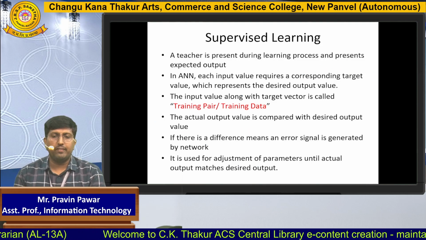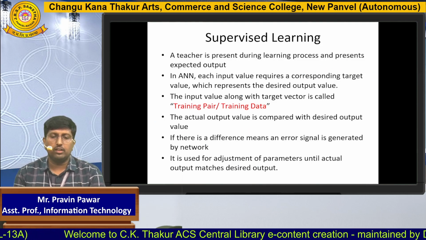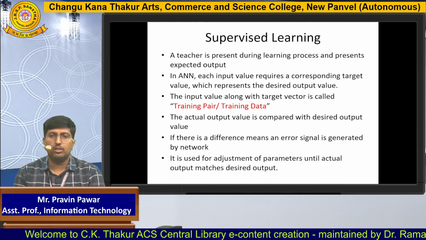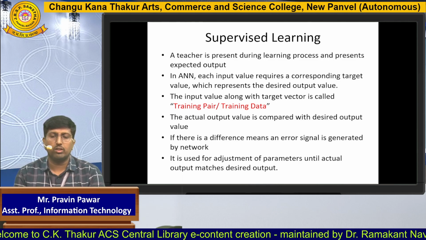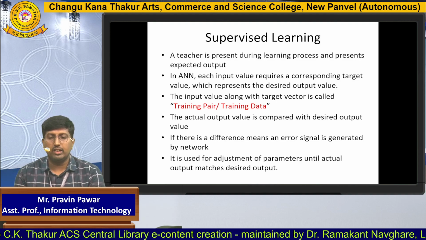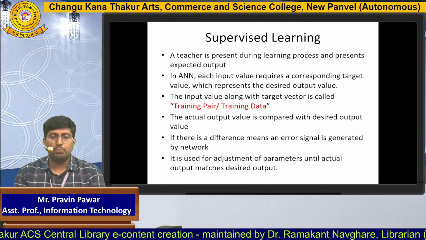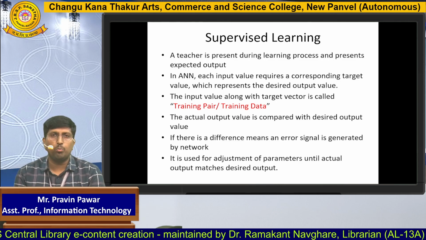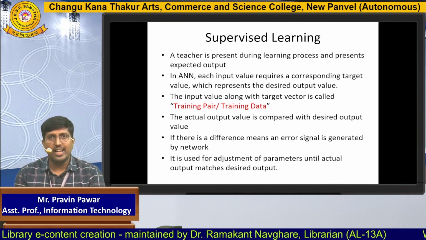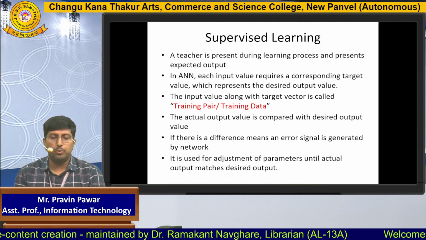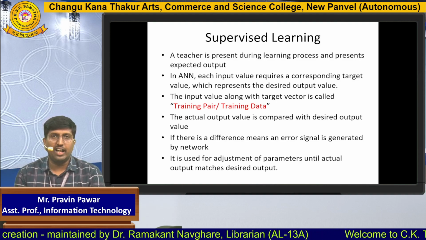Now, in supervised learning, if there is a teacher present while providing the lecture to the students, then obviously during the learning process some kind of output is expected. So in the artificial neural network, each input value requires the corresponding target values.